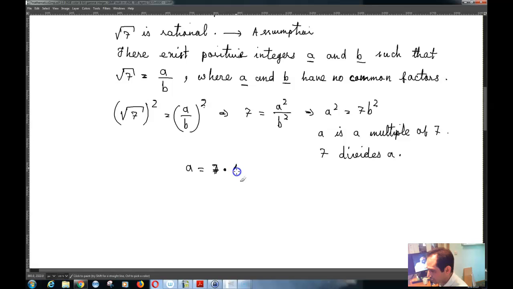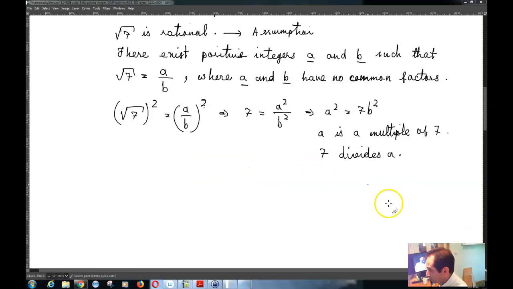That something could be 1, 2, 3, 4, -1, -2, but it has to be some integer, because ultimately you want to get some integer over here, and the product of two integers is an integer.